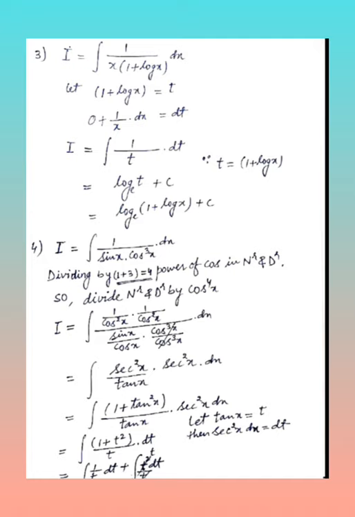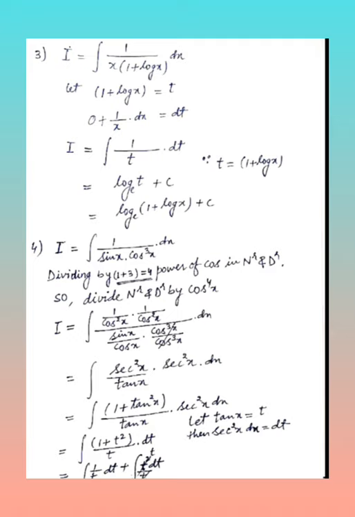So after replacing these values, we get I is equal to integration of 1 upon t dt. Its integration is log to the base e of t. When we replace it, we get I is equal to log to the base e of 1 plus log x plus c, because the value of t is 1 plus log x.